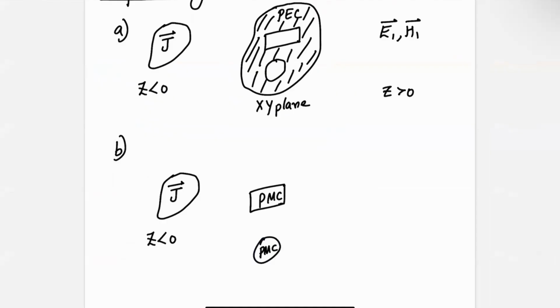And then I don't have PEC anywhere. So it's just free space everywhere, except wherever I had the apertures, I have PMC now. And in this problem, I have again fields on the right, E2, H2, Z greater than 0. This is again the XY plane.